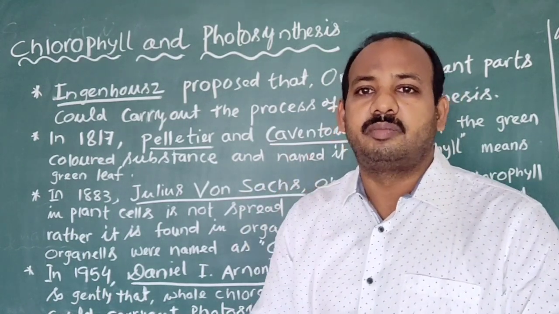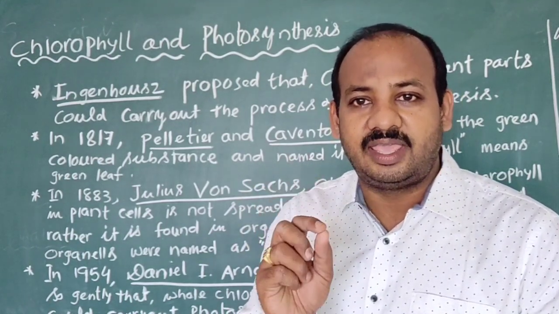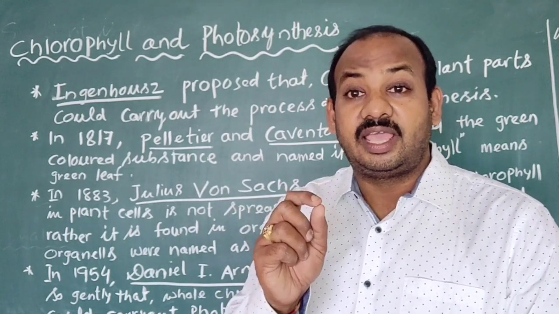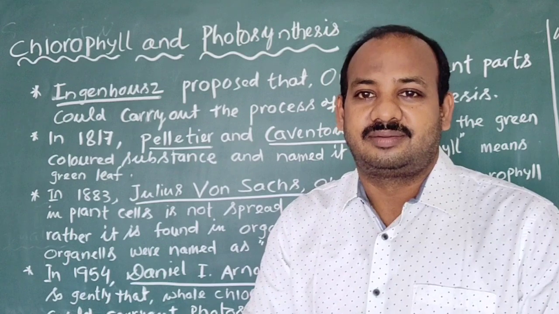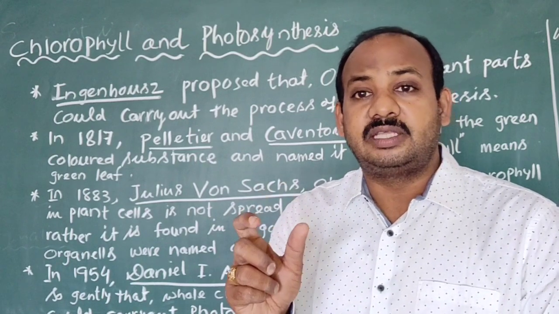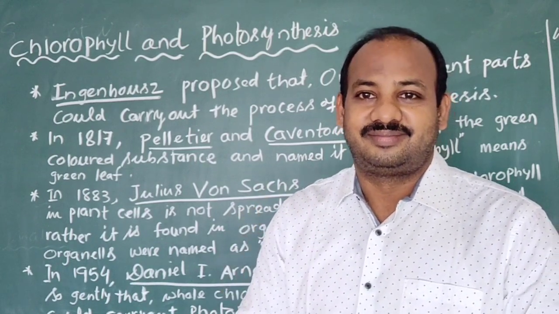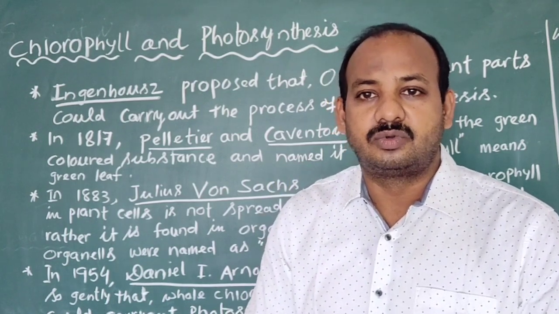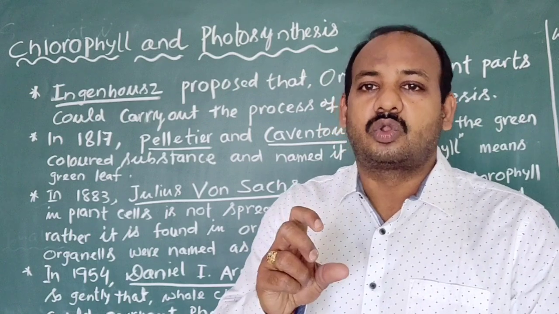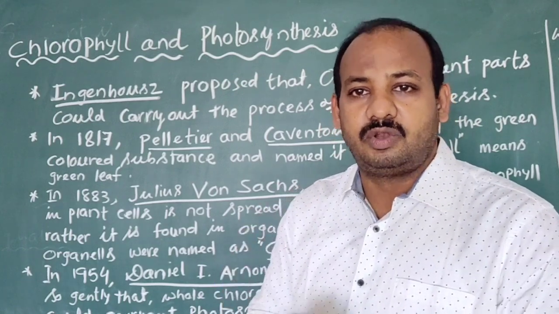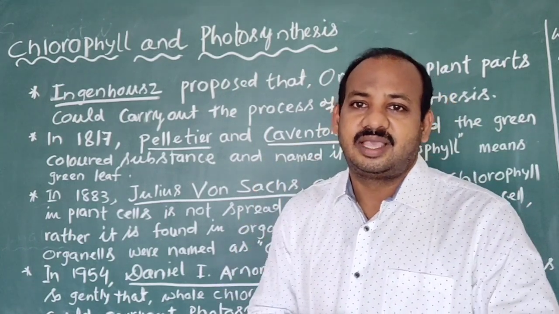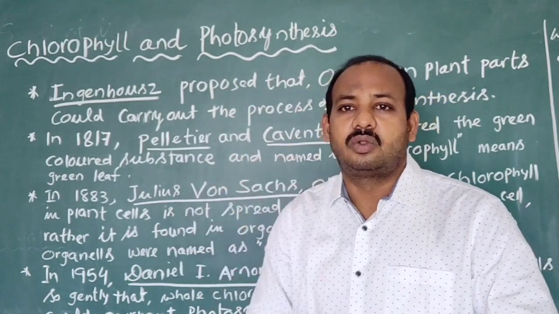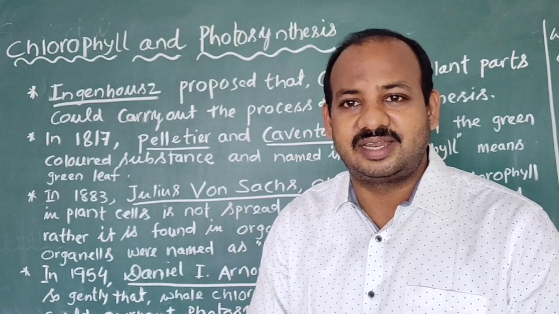There are two types of chlorophyll pigments: chlorophyll A and chlorophyll B. Chlorophyll A is blue-green in color, whereas chlorophyll B is yellow-green in color. In the two photosystems, photosystem 1 and photosystem 2, chlorophyll A and chlorophyll B are centrally present, and accessory pigments are present around the centrally located chlorophyll pigments.